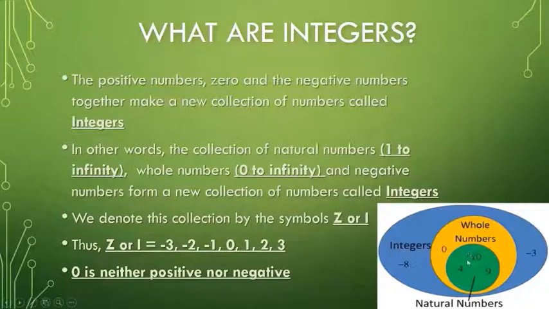Whole numbers is a little bigger than natural numbers as it contains 0 and natural numbers. Or you can say that as positive numbers. And integers is the biggest because it contains negative numbers, whole numbers, which is 0 to infinity, natural numbers, which is 1 to infinity, and positive numbers.